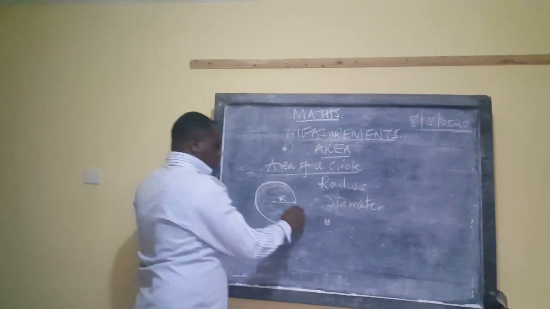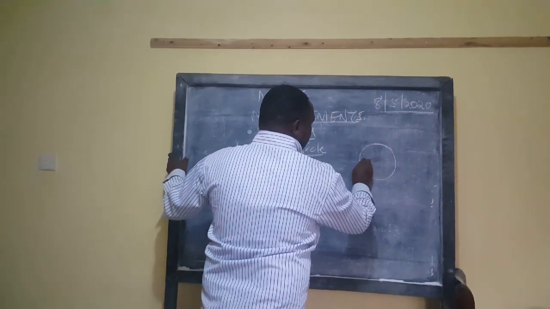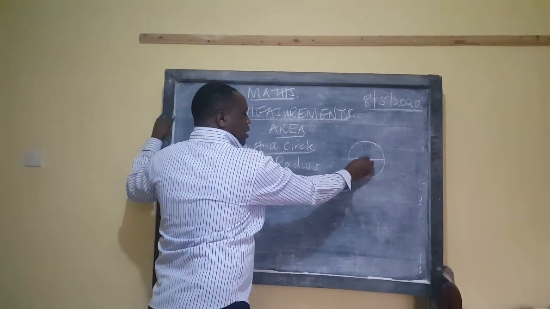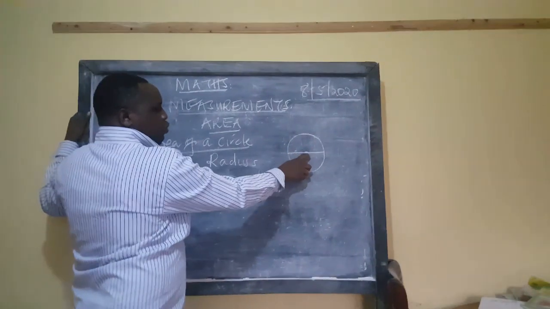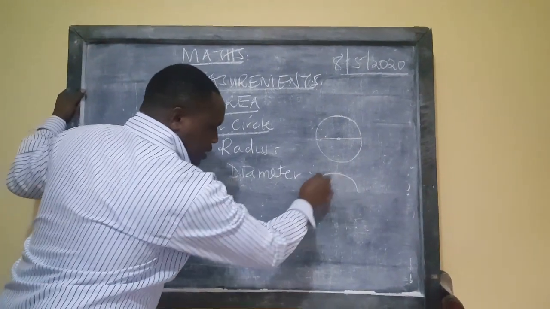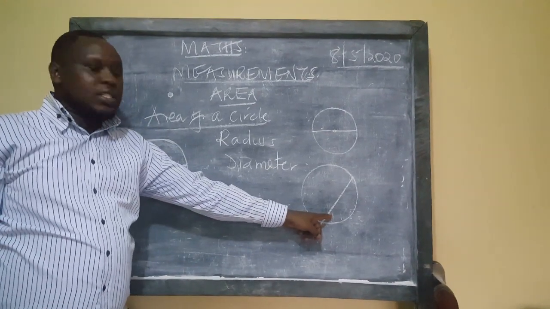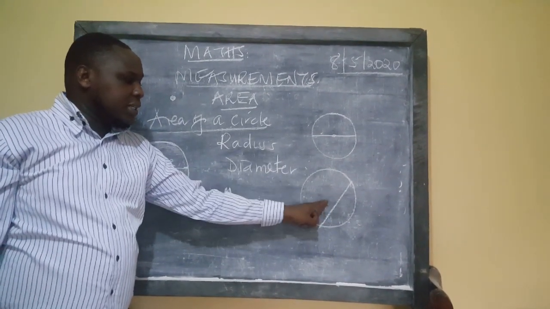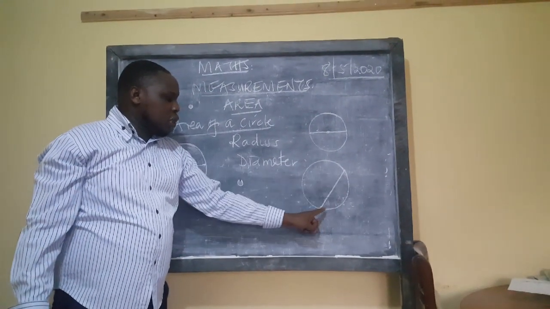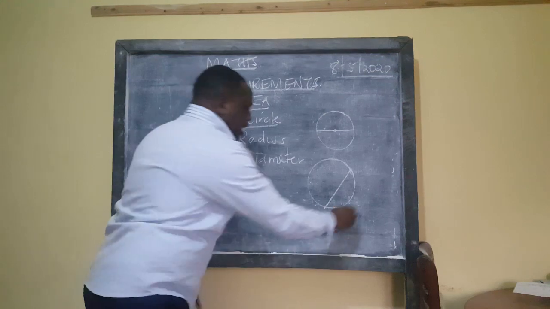So this is a radius, and then you can have another circle here. We have this distance from the circumference through the center, say center O, to the other circumference. When you draw like this and you draw like that, that cannot be called a diameter. The reason being, it is not passing through the center. If this line was passing from this circumference to the other circumference through the center, then we can call this a diameter.